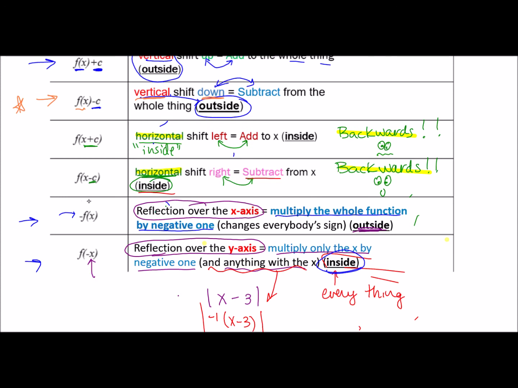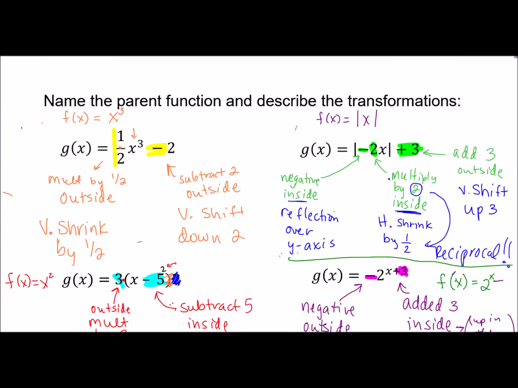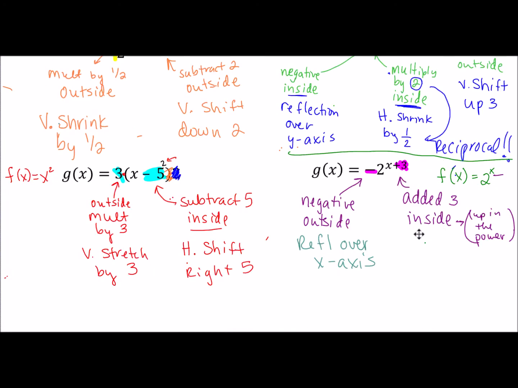Adding inside, that means it went left. So adding inside, this means we did a horizontal shift left 3. And those are the transformations.